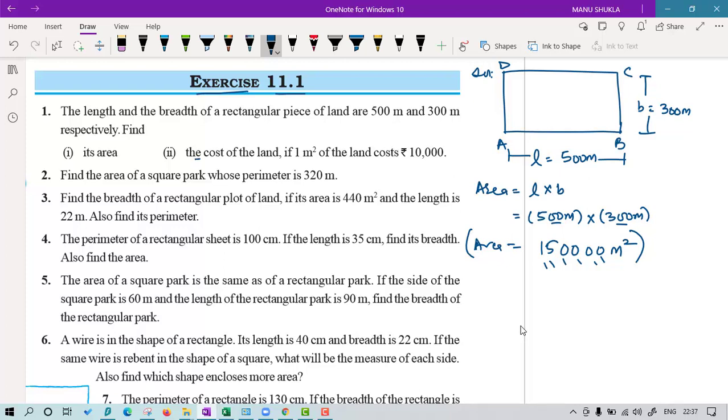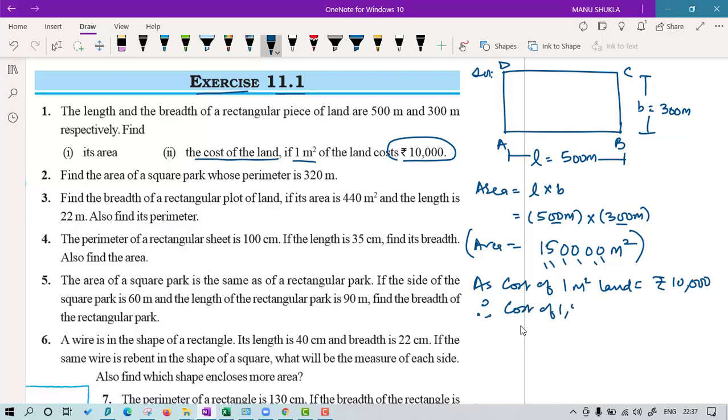Now we have to find the cost of the land, if 1 meter square of the land costs rupees 10,000. So let's find the cost. We can say the cost of 1 meter square land is equal to rupees 10,000. Therefore, the cost of 1,50,000 meter square land will be how much? We'll just multiply this area with 10,000.